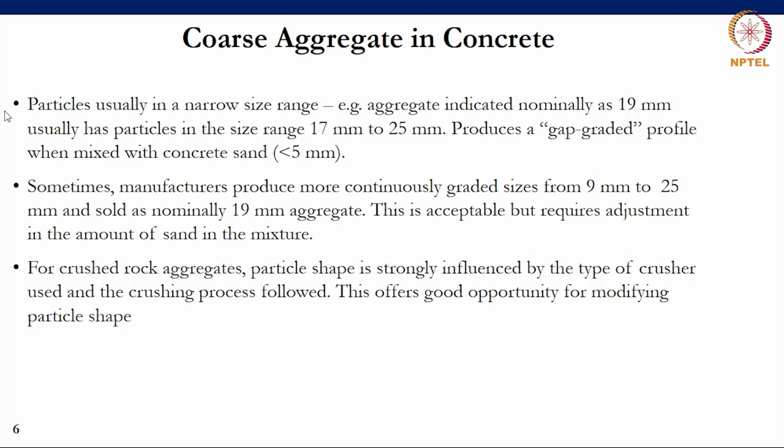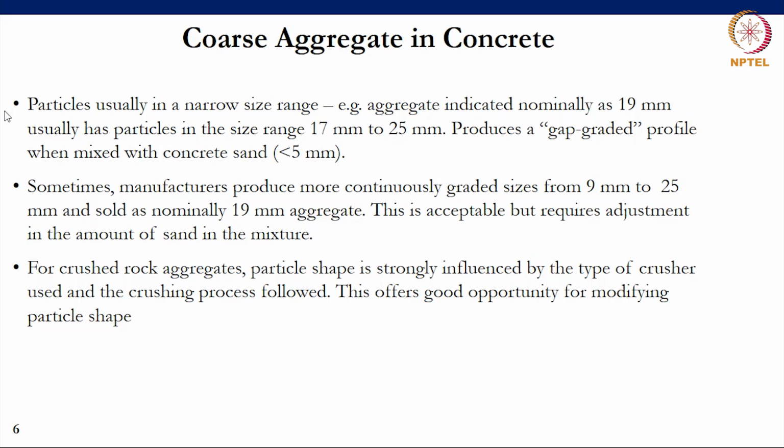Just a comment about the role of coarse aggregate in concrete. Coarse aggregates are usually in a fairly narrow size range. Aggregates that are nominally indicated as 19 millimeter usually have particles in the range from about 17 to 25 millimeters. And this will produce what we call a gap-graded profile when mixed with concrete sand.